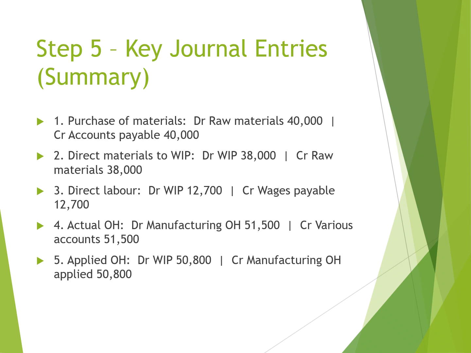Fifth, when we apply overhead to the jobs using our rate of $4 per dollar of labor costs, we debit work in process and credit manufacturing overhead applied for $50,800.